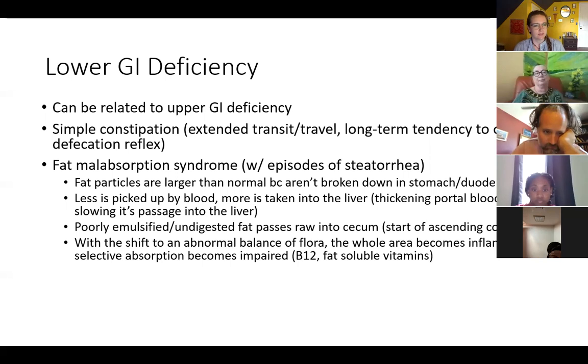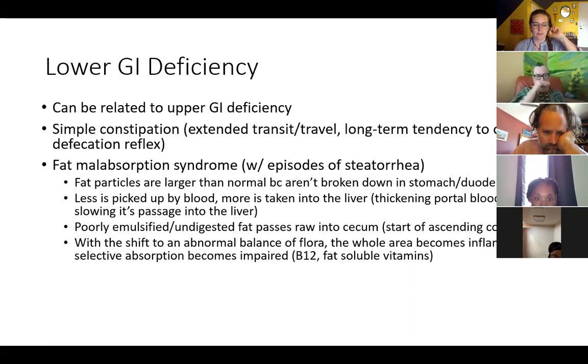Another symptom of lower GI deficiency is fat malabsorption, with episodes of what I think is called steatorrhea, which is just the excretion of fat in the stools, which sounds absolutely terrifying. If the lower GI isn't moving like it should, it can happen somewhat easily, because like I was saying, it's related to upper GI deficiency.